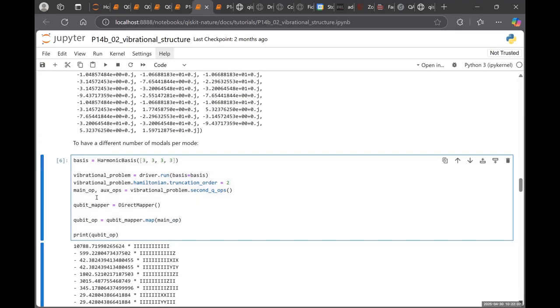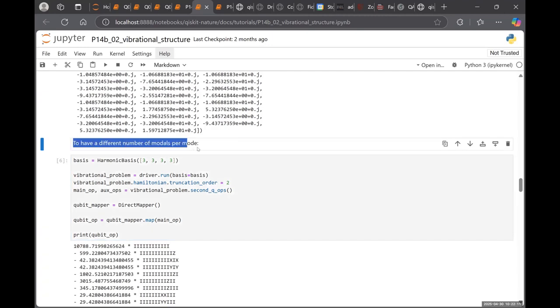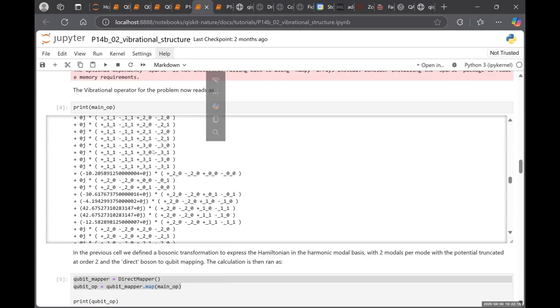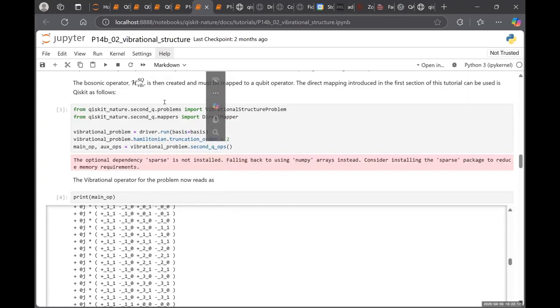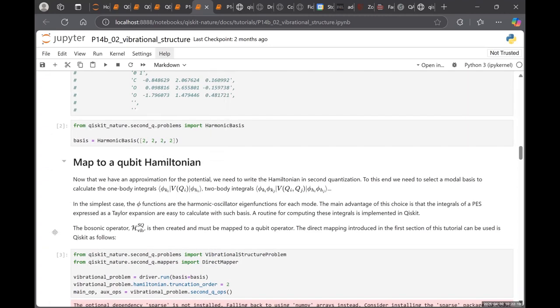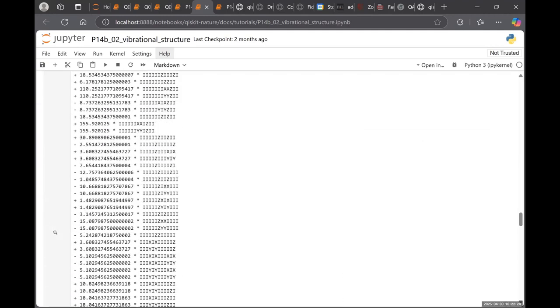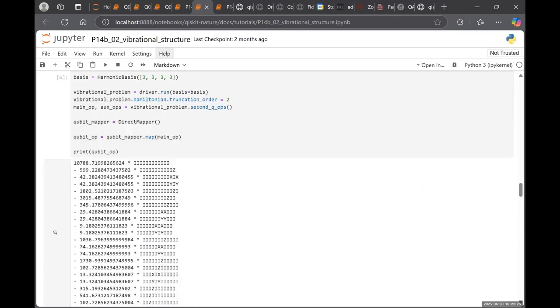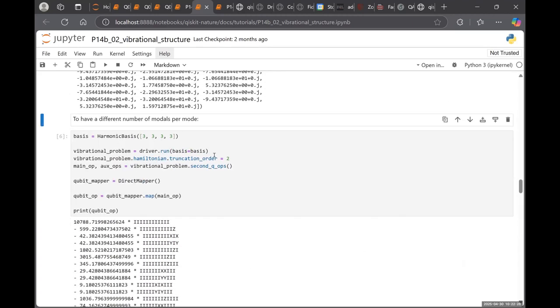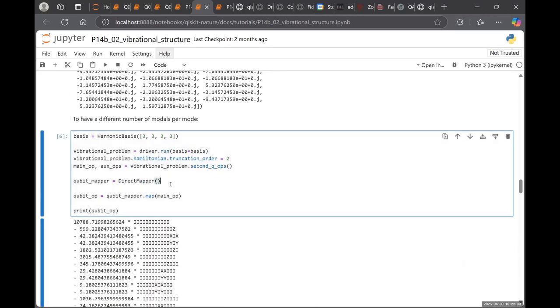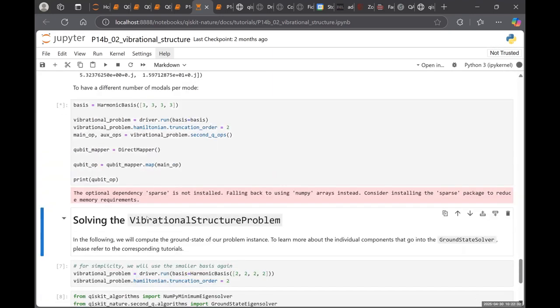This is just to change the number of modals per mode. So this is probably changing this 2222 to something else. Okay, and then it will have more. Just changing to 3, truncation, second order. Okay, there. And then solving that.